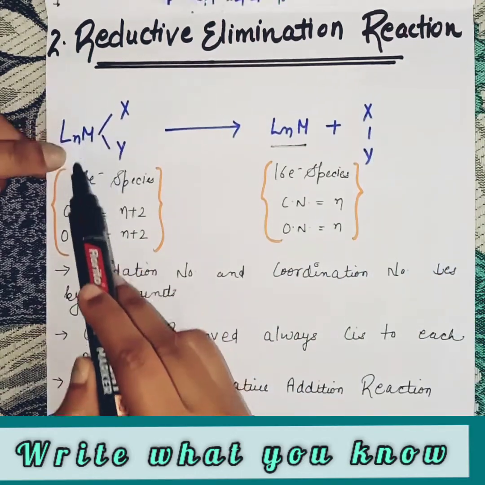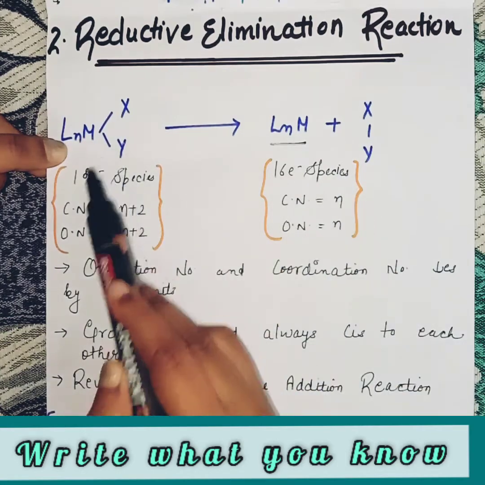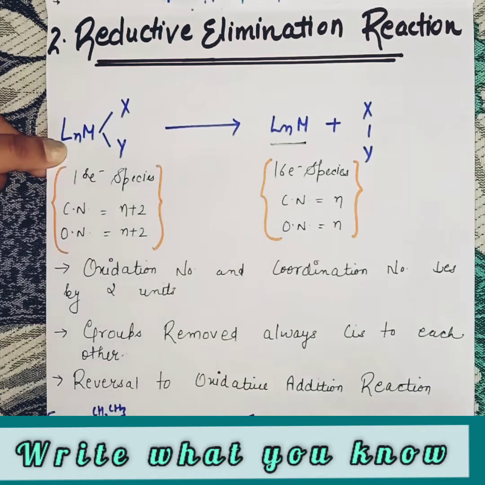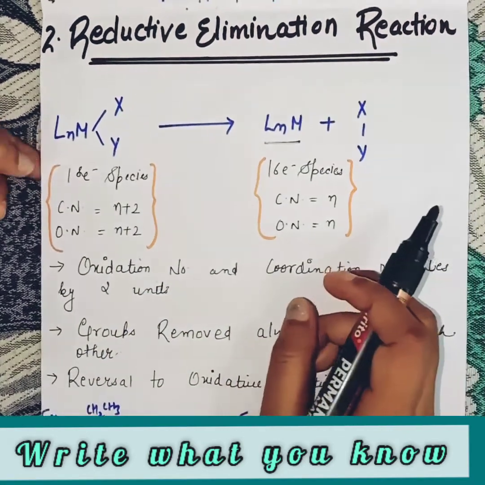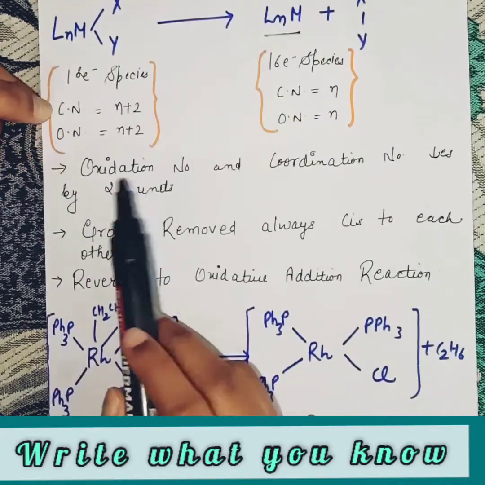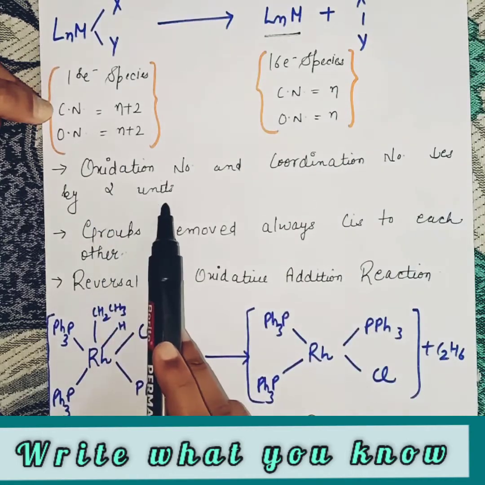If it is an 18 electron species, then it becomes 16 electron. Here the coordination number and oxidation number decrease by 2. In oxidative addition, the oxidation number and coordination number increase by 2 units, but here they decrease by 2 units. So this is the reverse.